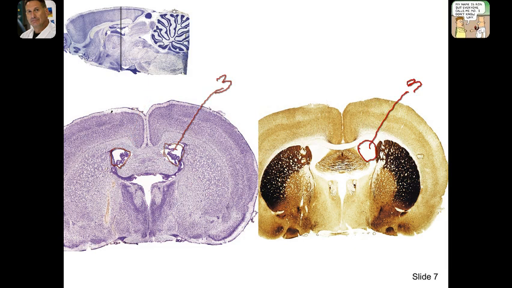We have choroid plexus that makes the CSF in the lateral ventricle. We have the hole that empties into the third ventricle from the lateral ventricle, and this is the foramen of Monro.